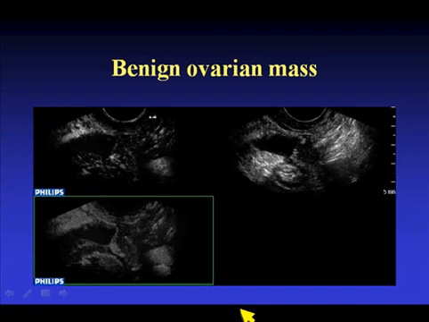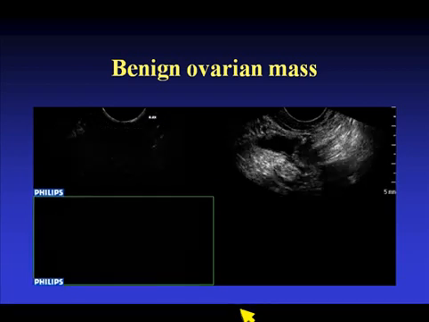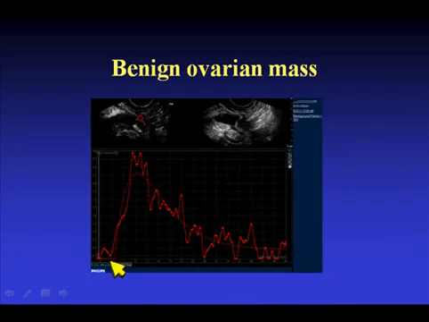We can look at the time to peak, the peak intensity, and the washout phase, and basically the area under the curve. And when we do that, we can see that this benign lesion has a very quick uptake, a relatively small peak, and a quick washout phase.